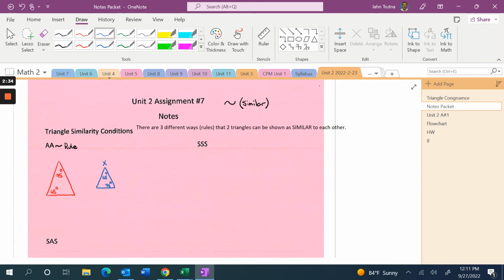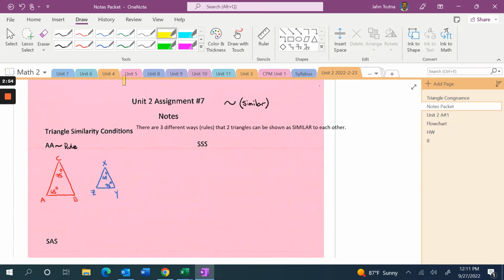The vertices of the blue triangle are represented by the letters X, Y, Z. The vertices of the red triangle are represented by the letters A, B, C. And these 2 triangles would be similar to one another.